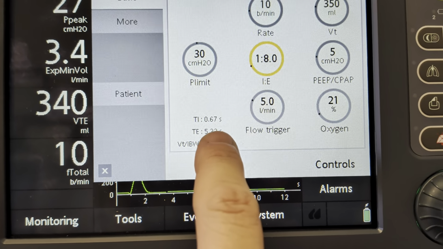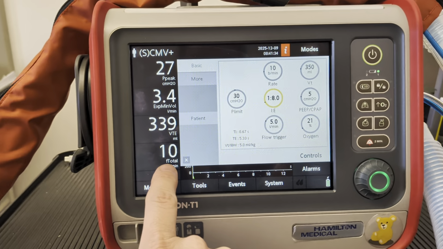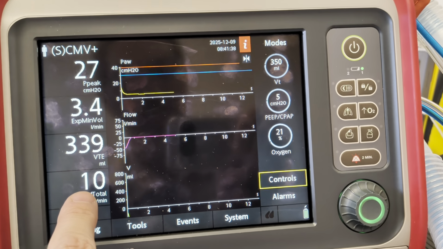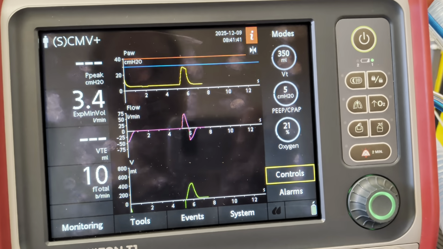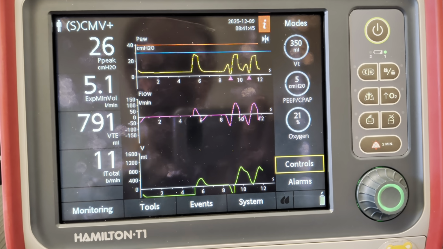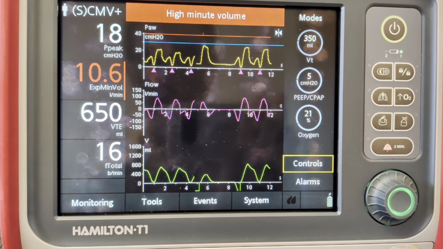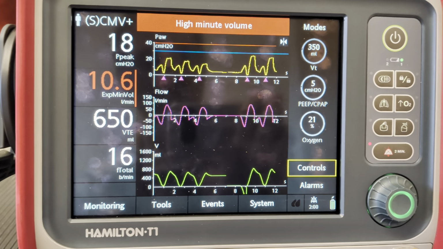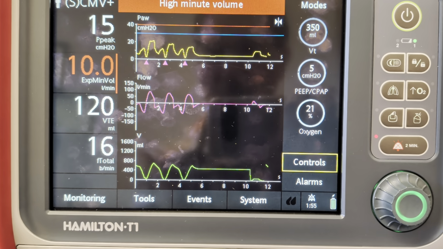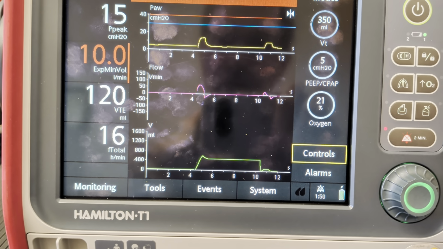Now that's assuming that this patient is only receiving mandatory breaths. If this patient is spontaneously attempting to breathe and triggering the ventilator, the patient is also going to receive additional breaths if they're in assist control, like we are now, or they will receive pressure support if you have pressure support active in an SIMV mode of ventilation.